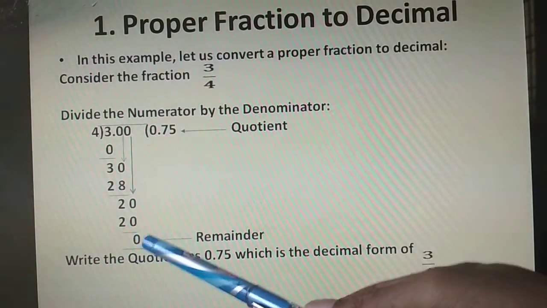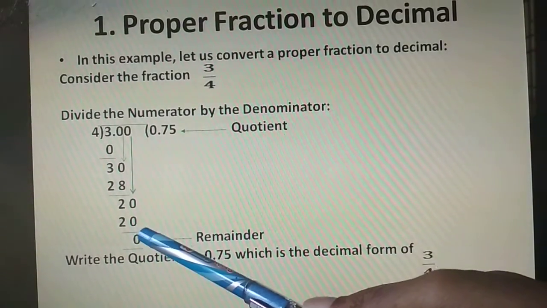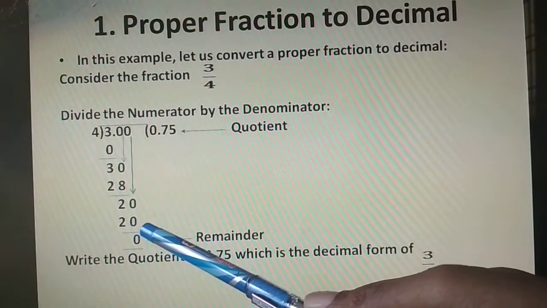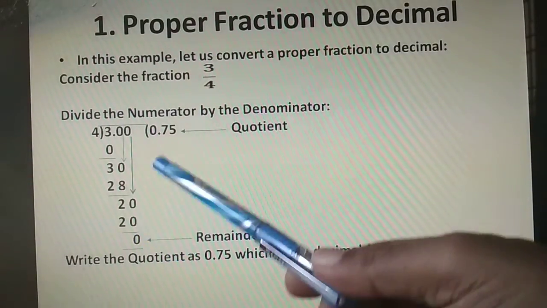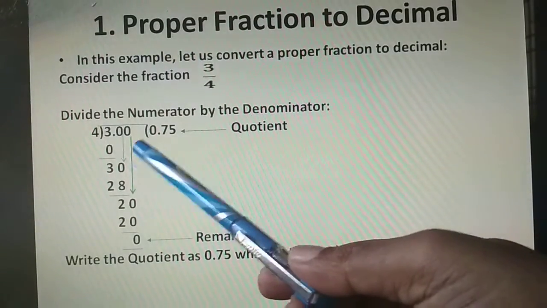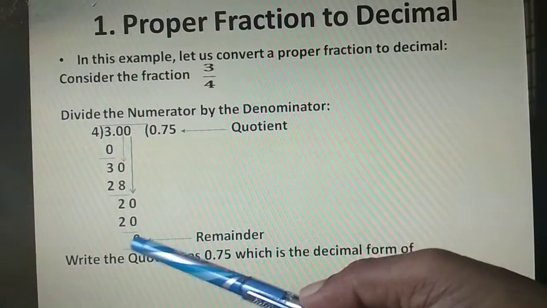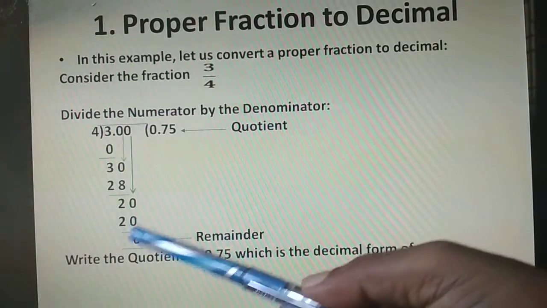Then we can stop at a point, say 2 or 3 decimal places. If it was required only up to 2 places, then we can stop the division there and express it in 2 decimal places. So here the remainder becomes 0, so we can stop there.